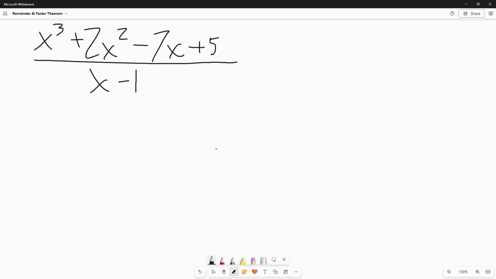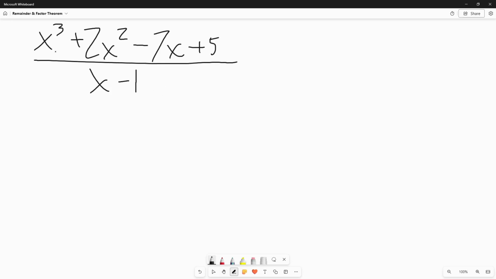So if we want to find the remainder of this, x cubed plus 2x squared minus 7x plus 5 divided by x minus 1, we don't need to do long division or synthetic division, as we said. We can just use the remainder theorem. So x minus 1, we set this equal to 0, and we get x is equal to 1, pretty easy.